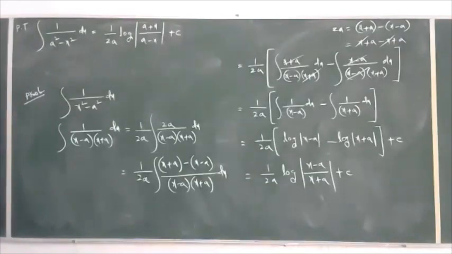Integral 1 by a square minus x square is equal to 1 by 2a log mod a plus x by a minus x plus c. That's the second theorem.